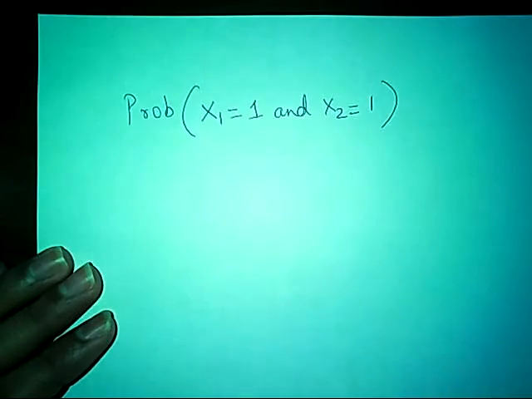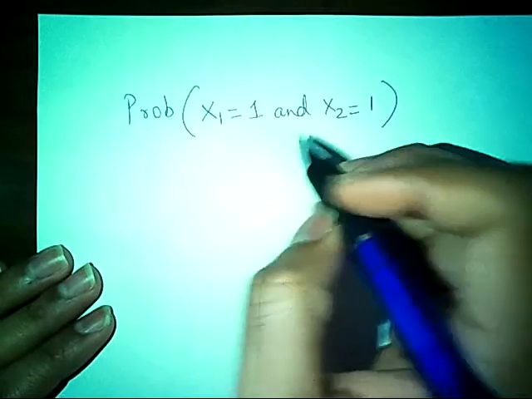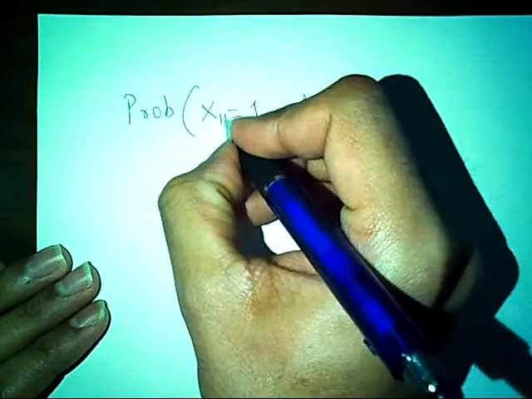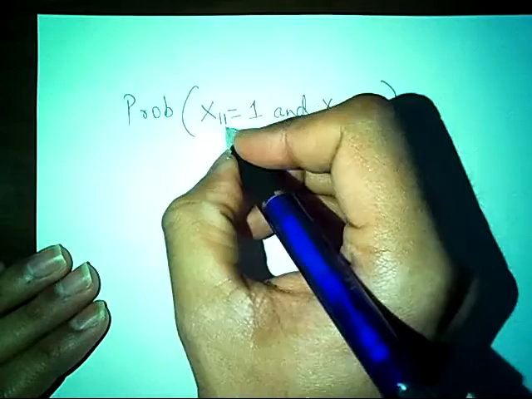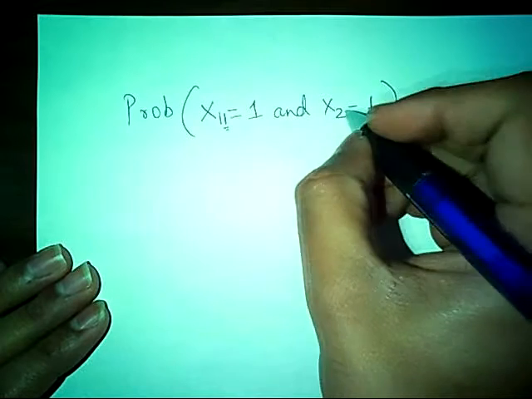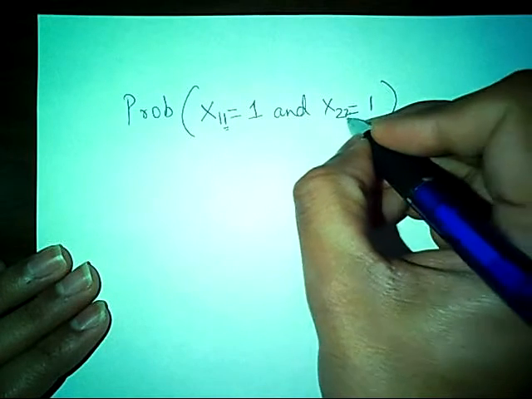Let me also denote that this happened first by adding another number here. So this would be the first throw and this would be the second throw.